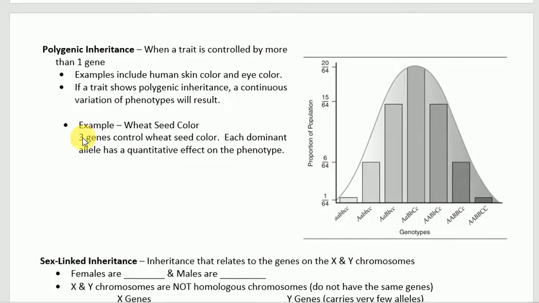This example is wheat seed color. There are 3 genes that control the wheat seed color, and each dominant allele has a quantitative effect. In this graph, you can see the light and the dark end as far as color goes.